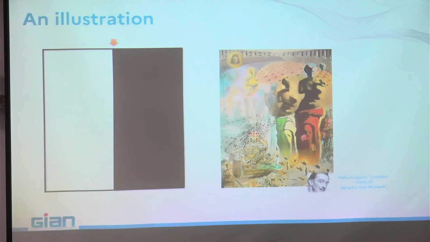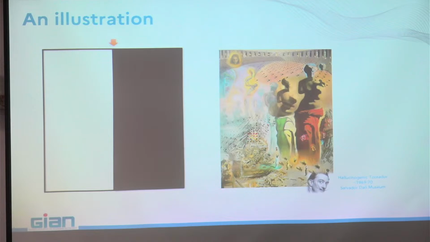And let's have some fun. This is a painting from Salvador Dali. I don't know if you know him. He was very special, he's dead. And when you have his painting, the signature of Dali is you always see a lady, the face of a lady, you can see it here, which is just an illusion.